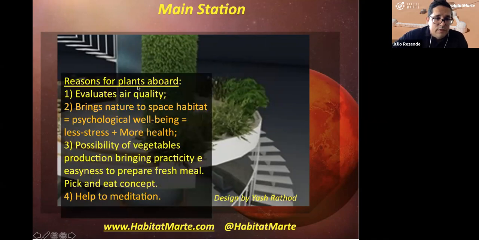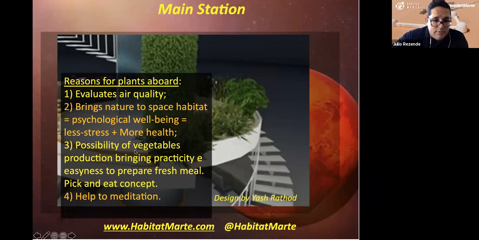Some reasons for presenting plants aboard: one of the reasons is to evaluate the air quality, also it brings nature to space habitats. This is related to psychological well-being, also less stress. Also, it's important for more health for the astronauts.